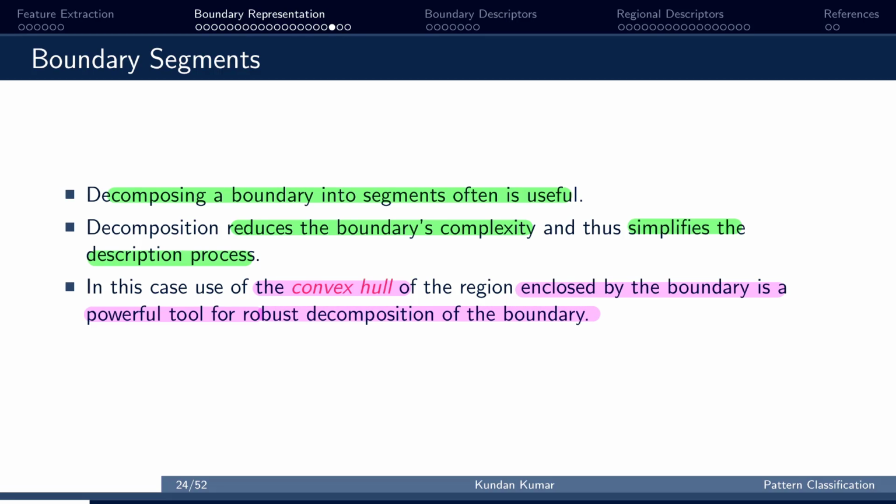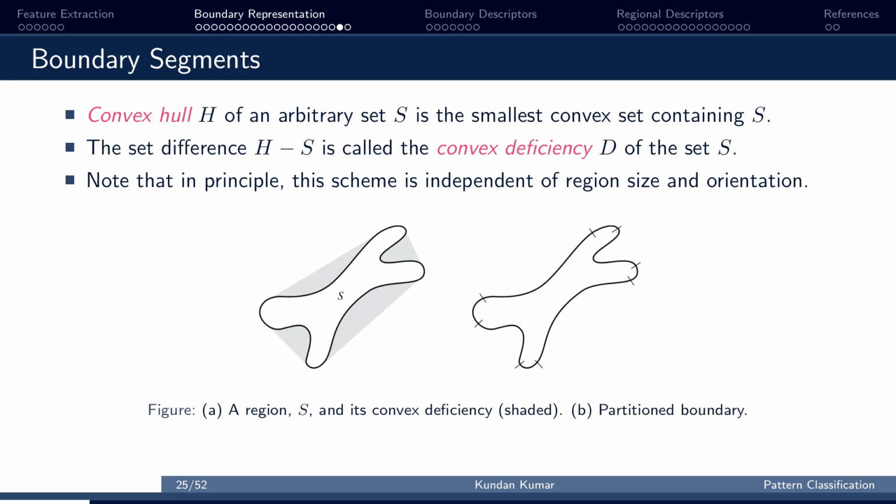So let us see the definition of the convex hull. The convex hull H of an arbitrary set S is the smallest convex set containing S. Suppose this is our boundary image, where this object is there and this is the boundary, and here S is the set which contains the pixels enclosed by this boundary.